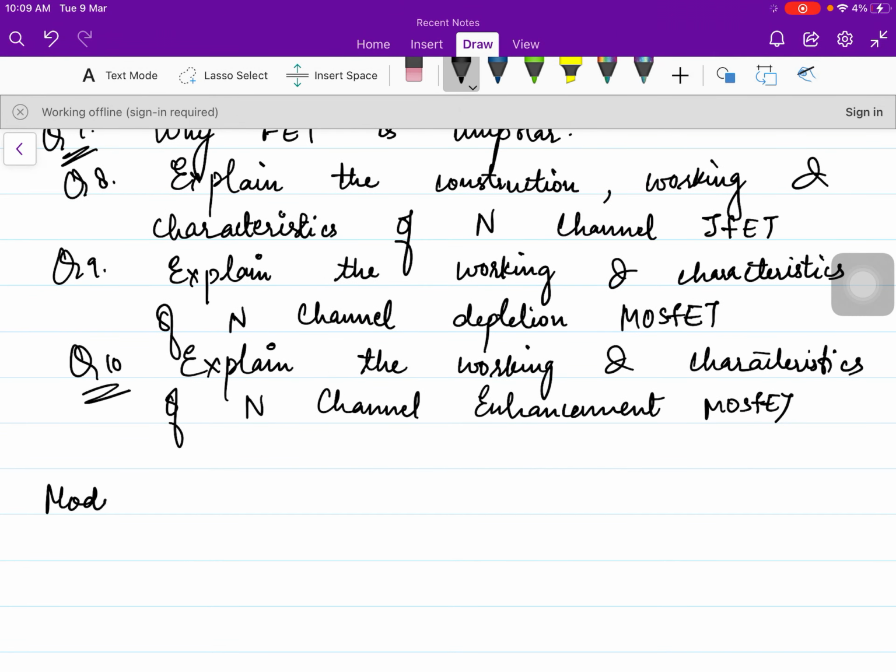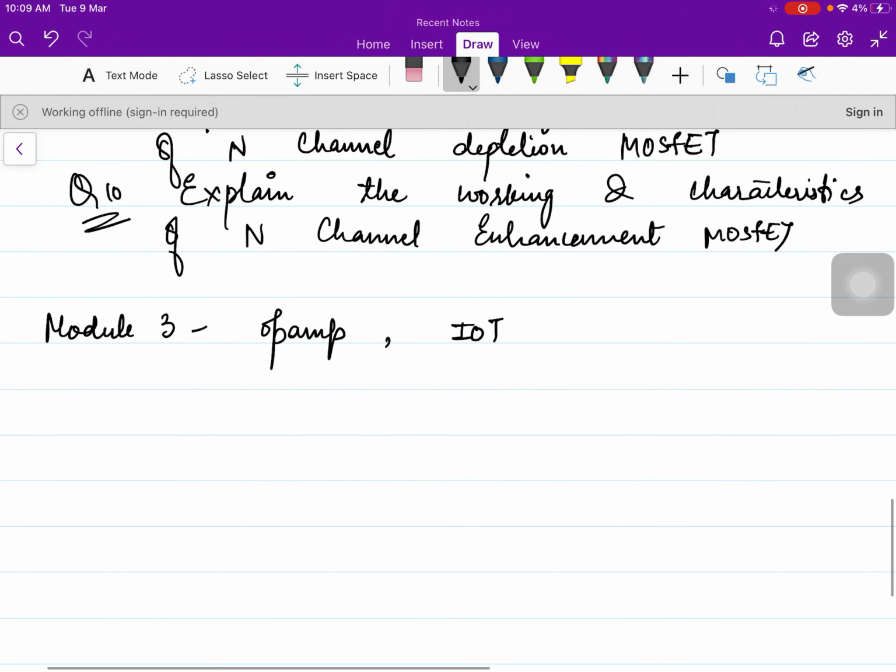Now module 3 comes about op-amp, and another part is IoT, Bluetooth and all.